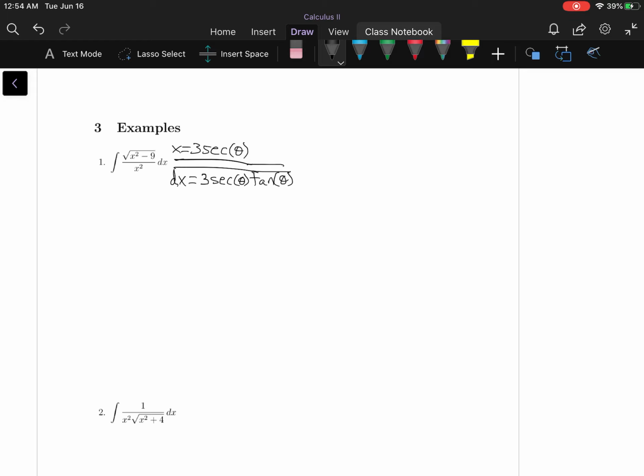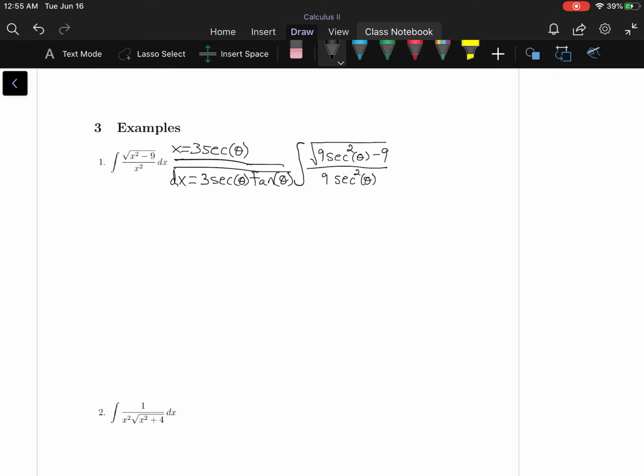And at this point, I'm going to make the substitution. So in the numerator, we have 3 secant theta squared, which is 9 secant squared of theta minus 9, all divided by 3 secant theta quantity squared. So we have a 9 secant squared theta on the bottom.